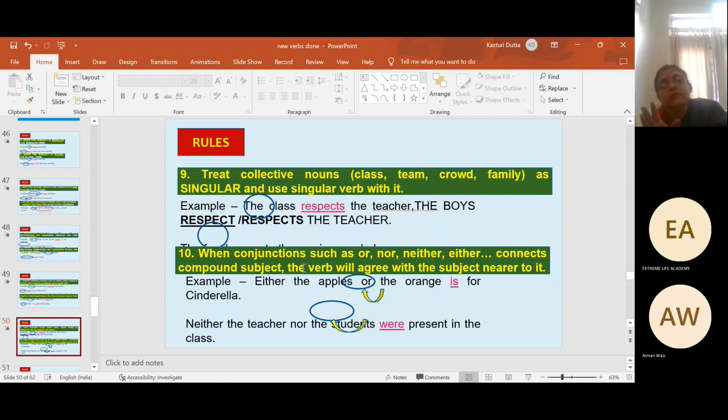So what is the rule? "Either the apples or the orange is for Cinderella." When conjunctions connect a compound subject, the verb will agree with the subject nearer to it. So conjunction and compound subject, the two things, apples and orange.